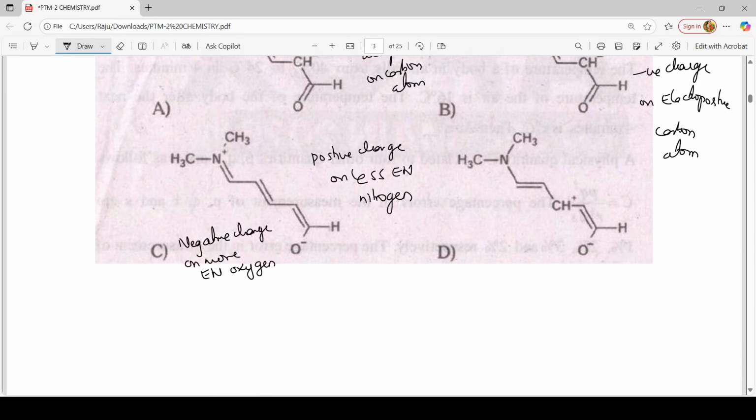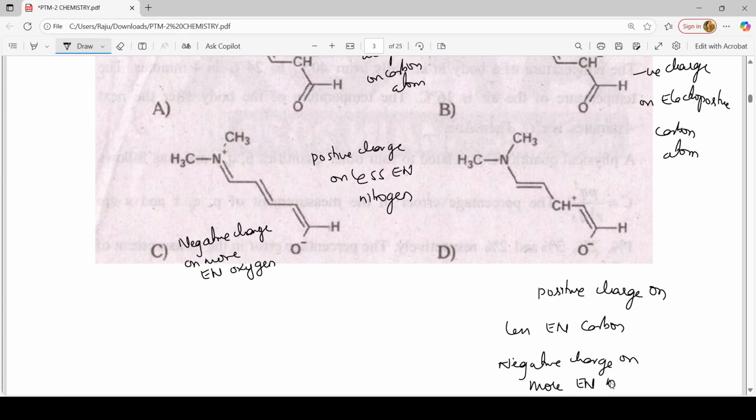In option D also, positive charge on the less electronegative carbon and negative charge on the more electronegative nitrogen atom. Sorry, more electronegative oxygen atom.